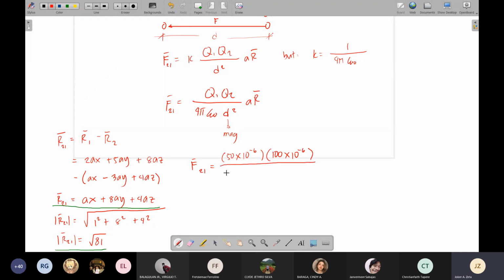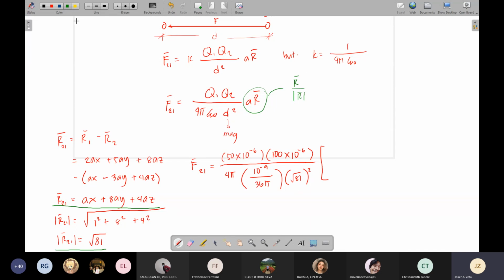Divided by 4 pi, and then for epsilon naught, again, that is 10 to the negative 9 over 36 pi, times the distance, which is the square root of 81, squared, times the direction. Recall, direction is the vector divided by the magnitude of the vector.